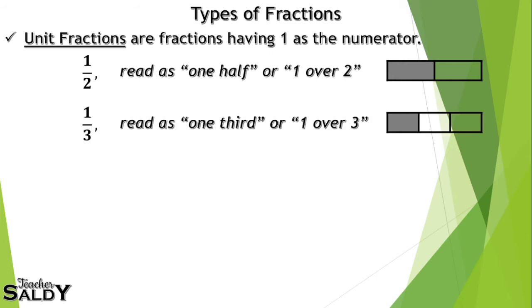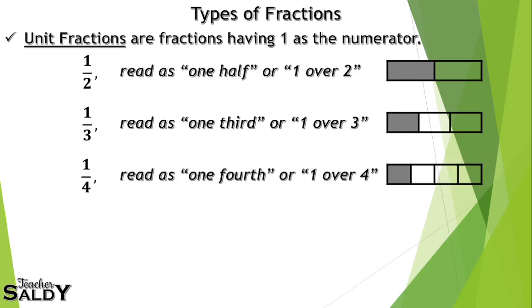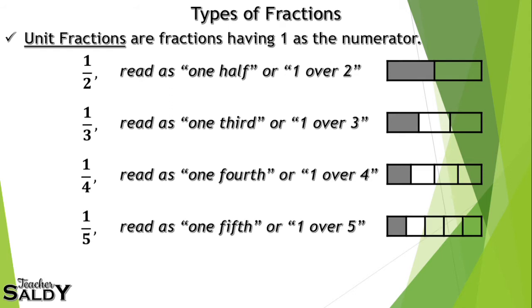Next one is 1/3. So you have 1 whole, which is divided into 3, and the part that is taken, or the part that is shaded, is 1. So that's 1/3. Next, we have 1/4. So in a whole number, it is divided by 4, and 1 is shaded, or 1 is taken. Next one is 1/5.